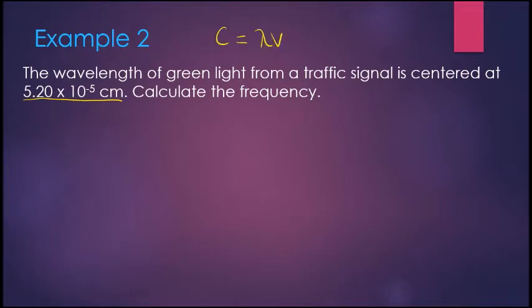Yes, before I can begin sticking it into my equation, I need to convert it to meters first, because it is in centimeters, and the speed of light has to be in meters per second, so we need to have it in meters. So I'm going to go ahead, set up my little T-chart, and convert it.